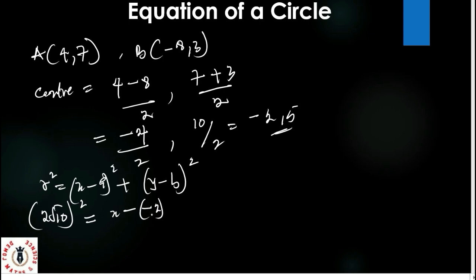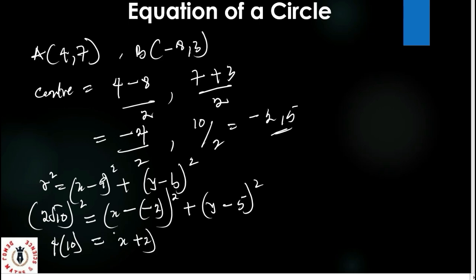Minus 2 all squared plus y minus 5 all squared. So that will be 4 root 10. That's 4 into 10. The same thing as x plus 2 all squared plus y minus 5 all squared.